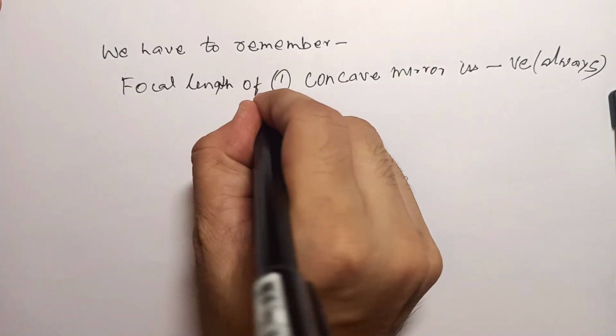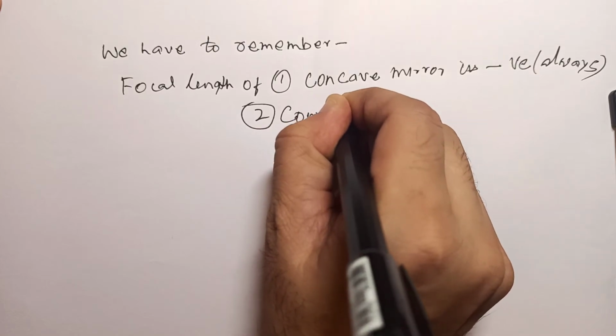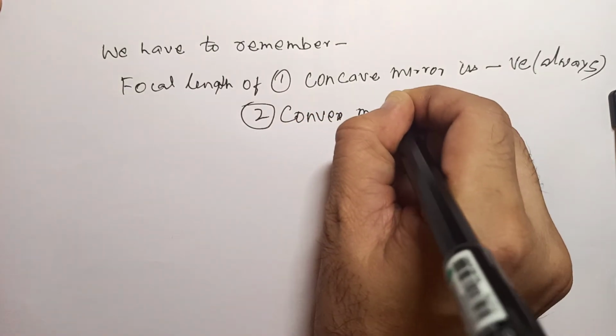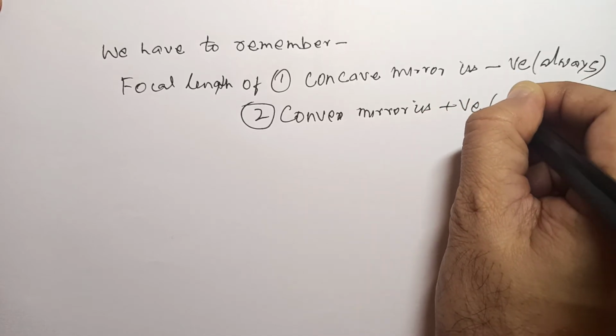Okay, and focal length of convex mirror is positive always.